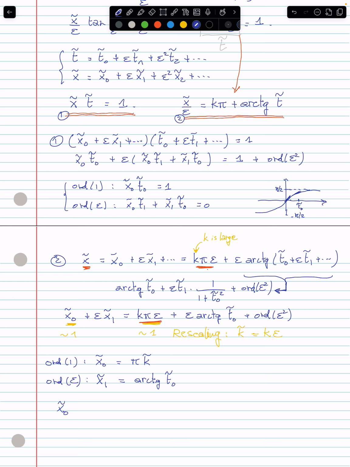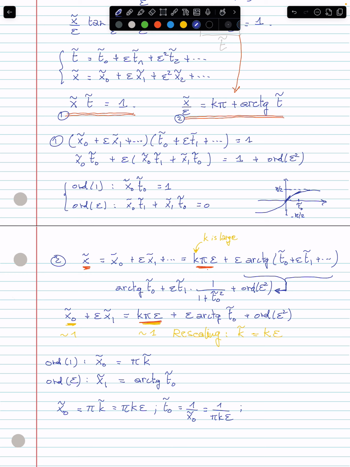So x0 tilde is pi times k tilde, which is nothing but, I would just reintroduce k, pi k times epsilon. We can substitute to the equation here in order to get t0. T0 tilde is 1 over x0 tilde, which is 1 over pi k epsilon. And then what do we have?